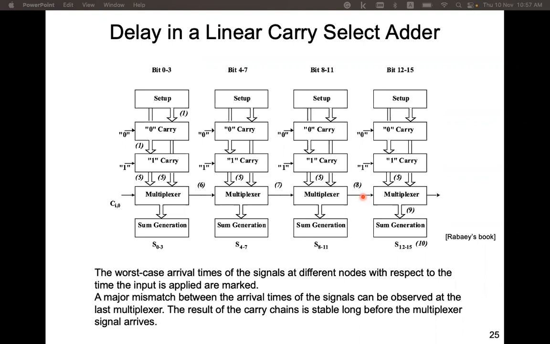So you can vary the size of each block. The answer is to make the first stage have fewer bits, and progressively increase the number of bits along the stages.